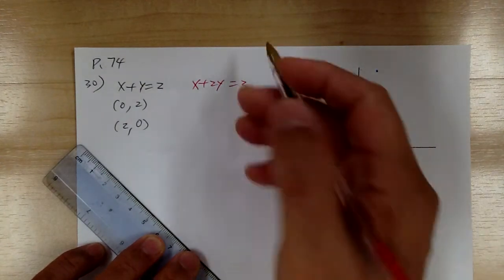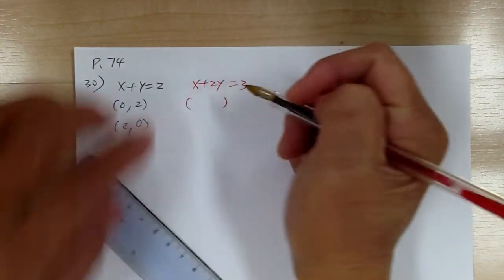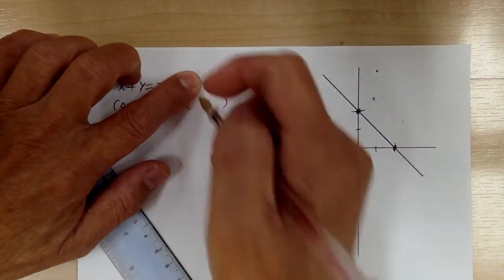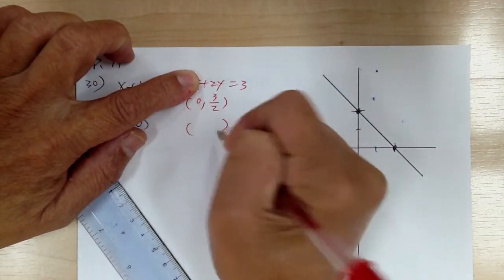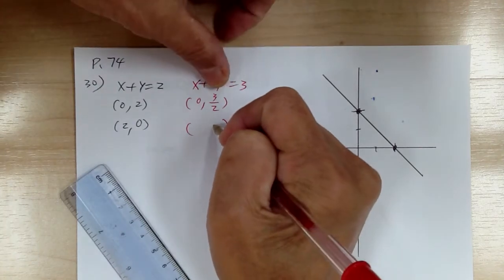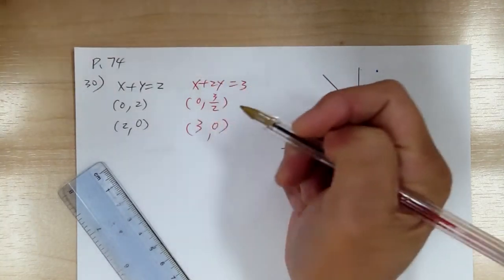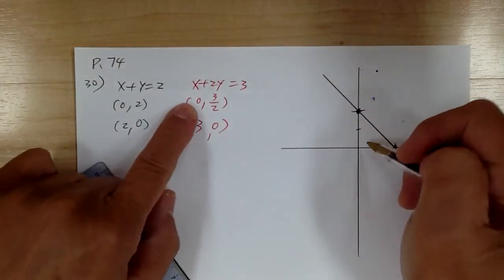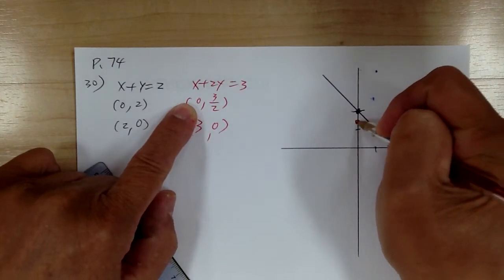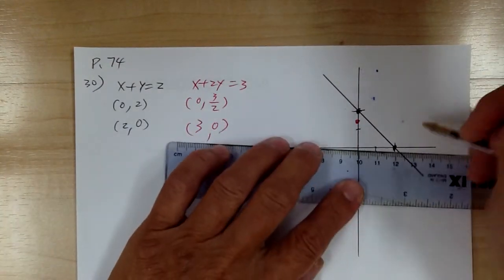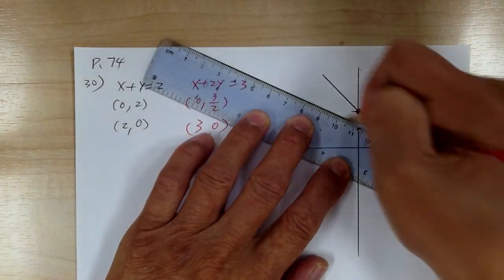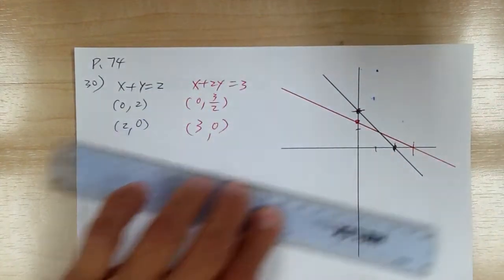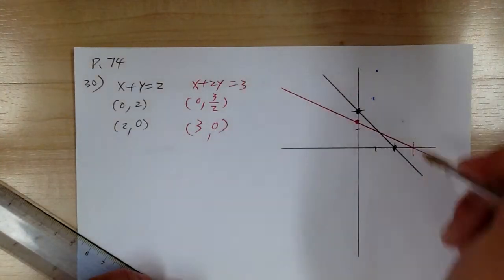Do the same thing for the red equation. If you let x equal to 0, then the y will equal to 3 over 2. If you let y equal to 0, then x will equal to 3. Okay. So you got 0, 3 over 2 over here, and you got 3, 0. Okay, so these are two lines.